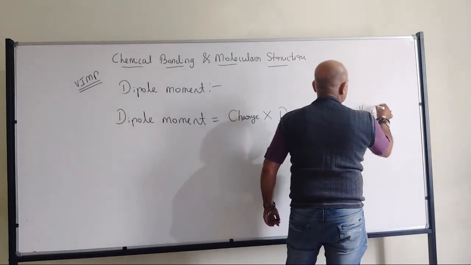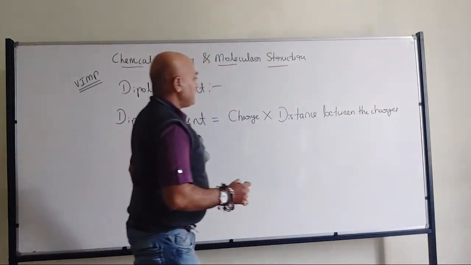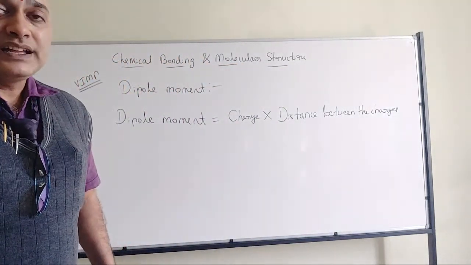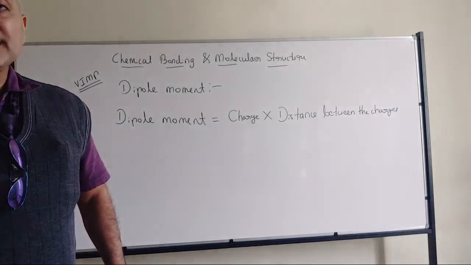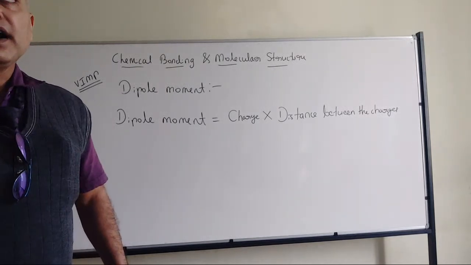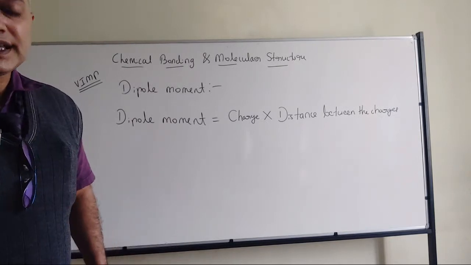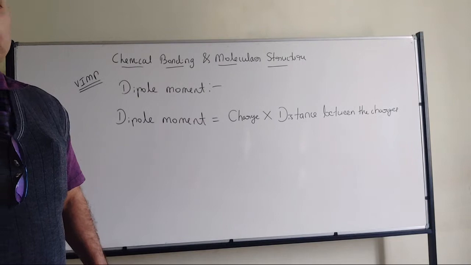That's where we have the equation for dipole moment. Charge into distance between the charges, or I can tell, distance between the charge, that will be the better word. Okay, all of you have understood?